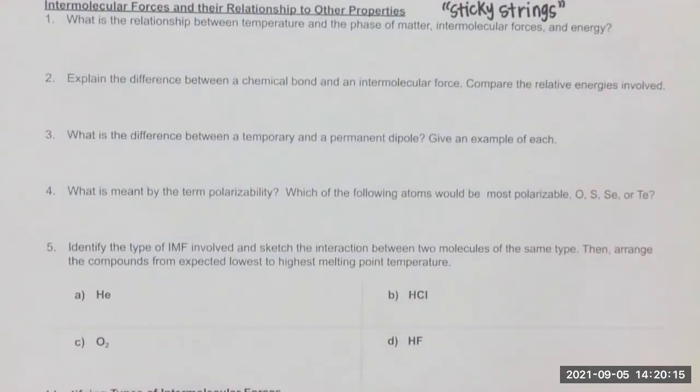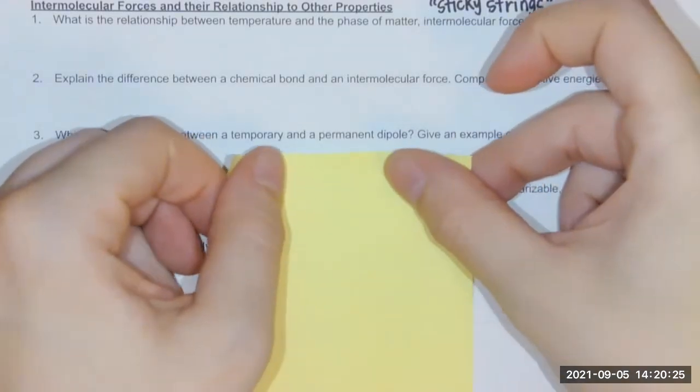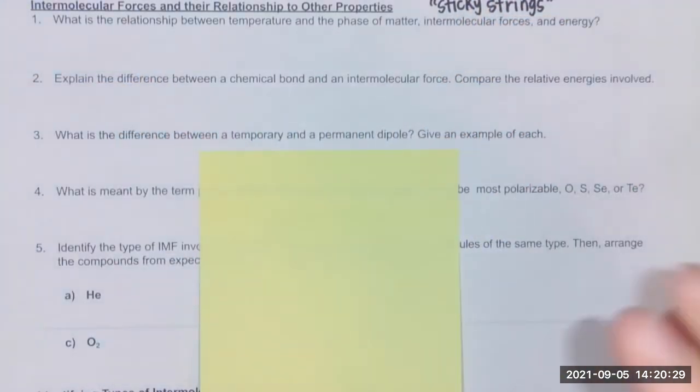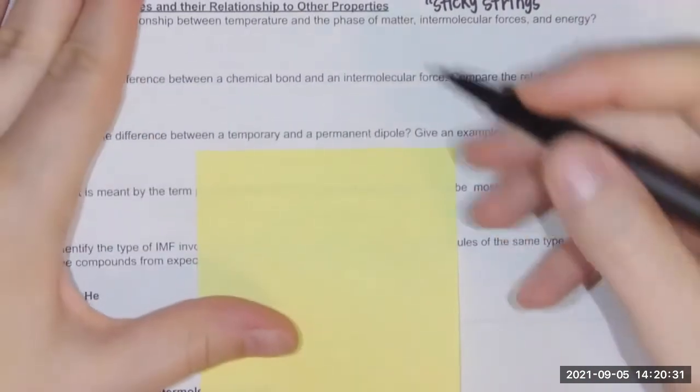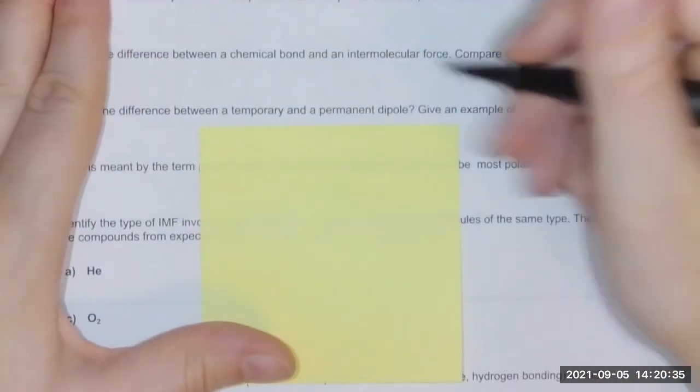The next one, what is the difference between a temporary and a permanent dipole? You seem to know what those are pretty well. Electronegative atoms pull on the electrons.